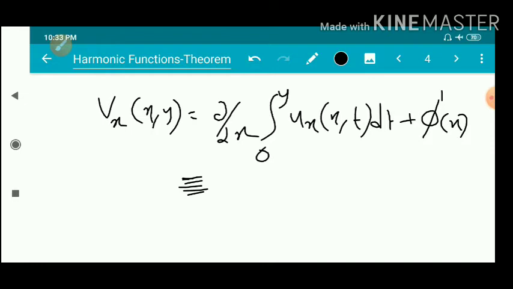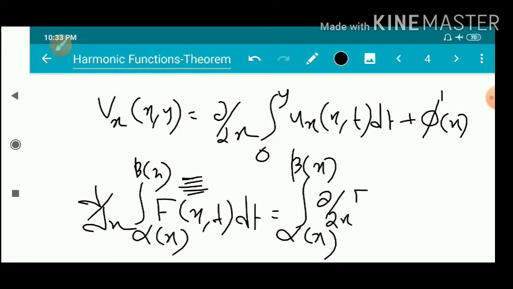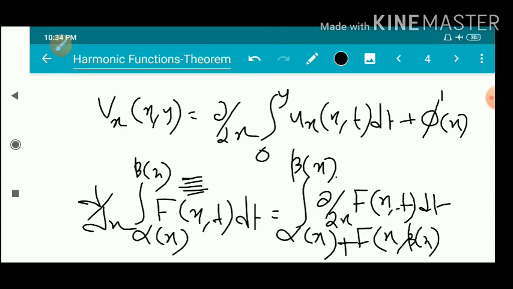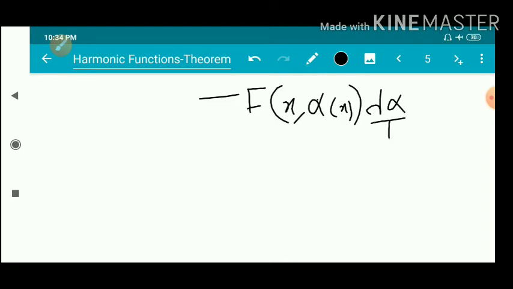So the Leibniz rule is: d by dx of the integral from alpha of x to beta of x of f of (x, t) dt equals the integral from alpha of x to beta of x of dou by dou x of f of (x, t) dt, plus f of x with t replaced by the upper limit beta of x, into d beta by dx, minus f with t replaced by the lower limit alpha of x, into d alpha by dx.